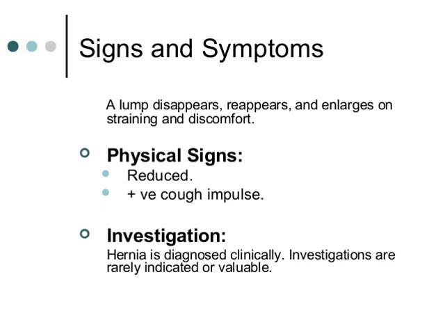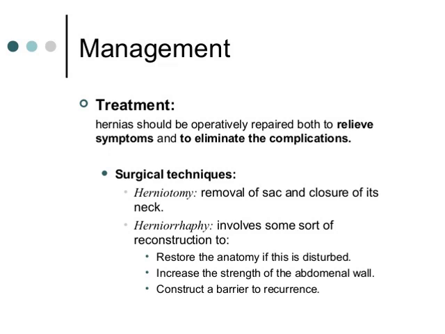A hernia is diagnosed clinically. Investigation in a case of a hernia is mainly directed towards the preoperative preparation of the patient. Treatment of a hernia in general includes herniotomy, herniorrhaphy, or hernioplasty.